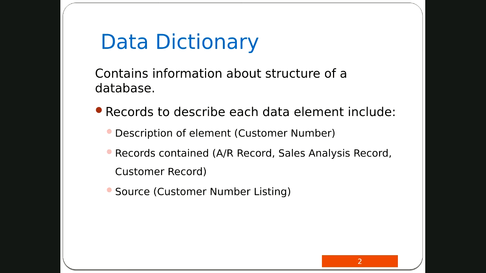The next concept in database is data dictionary. You know, a language dictionary not only has meanings of words, but also descriptions of words and sentences where the words are used, and you know whether the word is a noun or a verb or whether it's both, etc. It gives you a complete idea of a particular word.